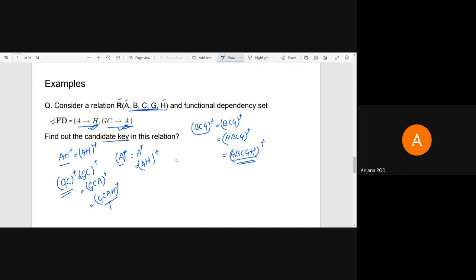Let's take the closure of BC. What will we get? BC. Are we getting any other attribute? No, right? So BC is also not the candidate key. Would you like to try some other set of attributes? Any combination.